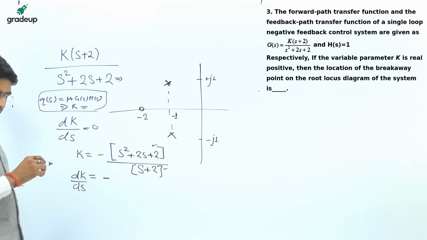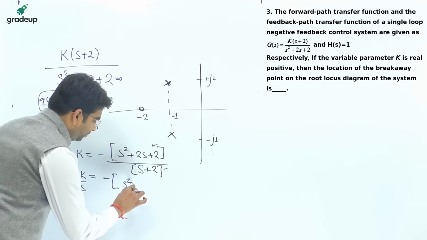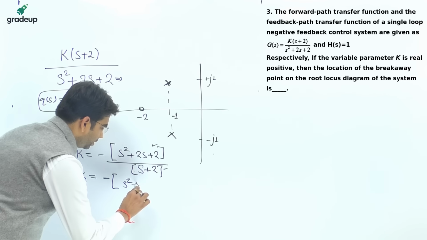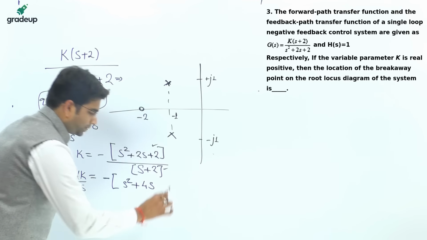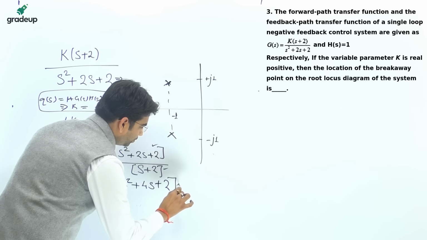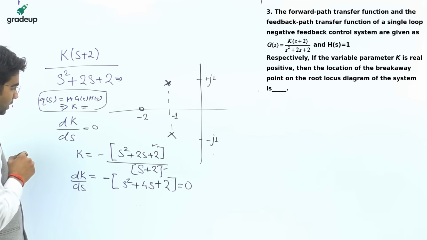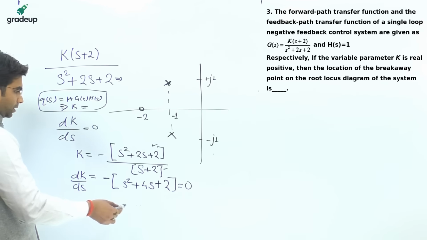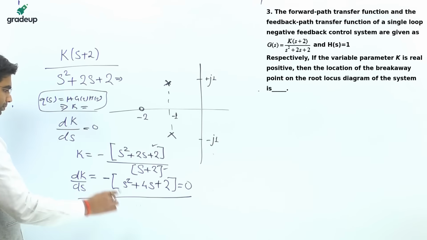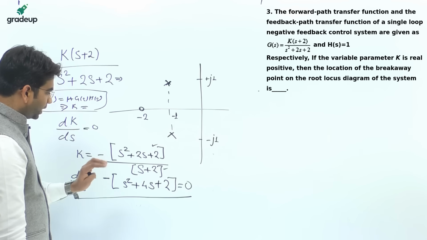The whole dK/ds, if you calculate, it will be s square plus 4s plus 2 equals 0. This equation is in front of you. You have differentiated this equation and you are getting this.